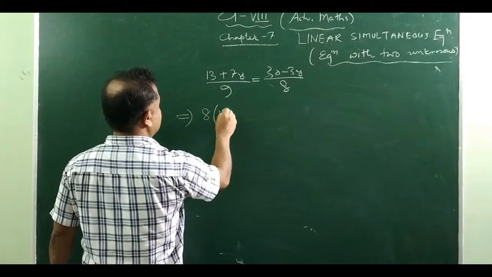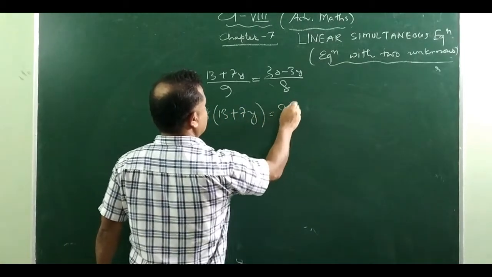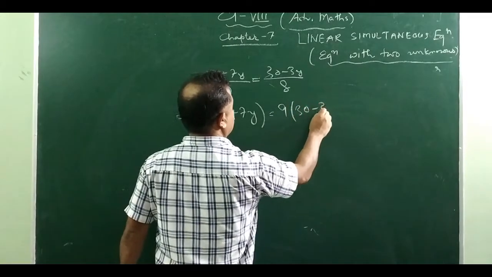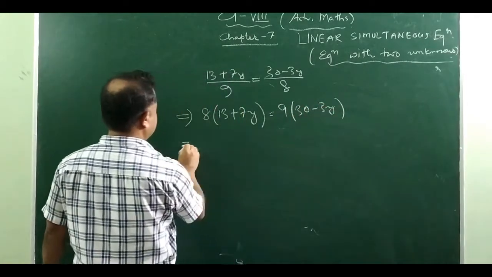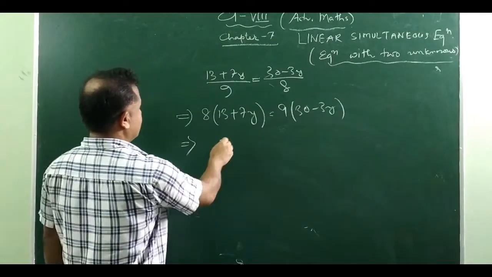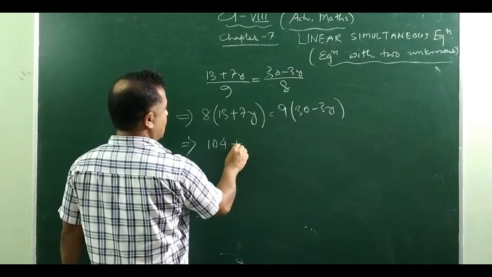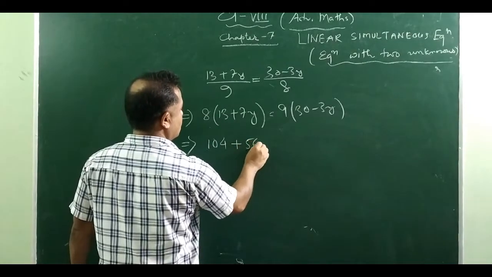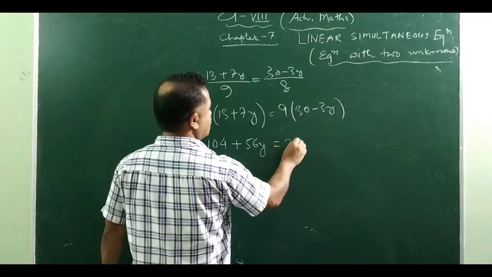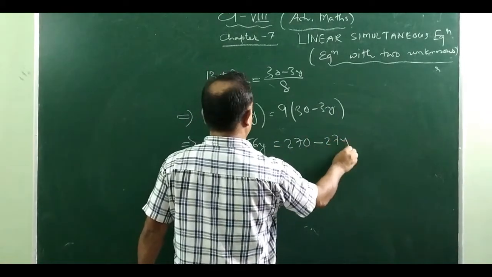If I do cross multiplication, it becomes in this way. So 8 into 13 is 104, plus 8 into 7 is 56y, is equal to 270 minus 27y.